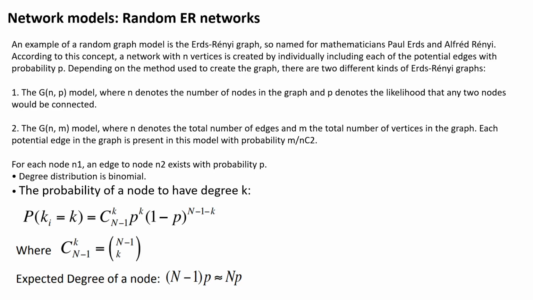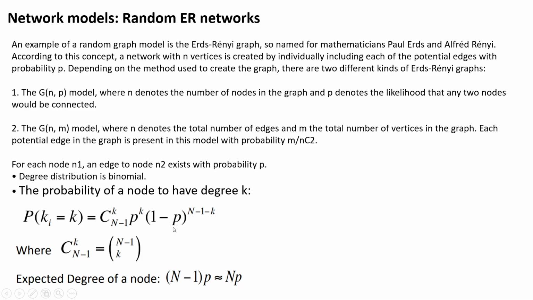For each pair of nodes, an edge exists with a probability p, and this degree distribution is not normal. At first glance we would think it should be normal, but actually it is binomial, of the form n choose k, p to the power k, times 1 minus p to the power n minus k.